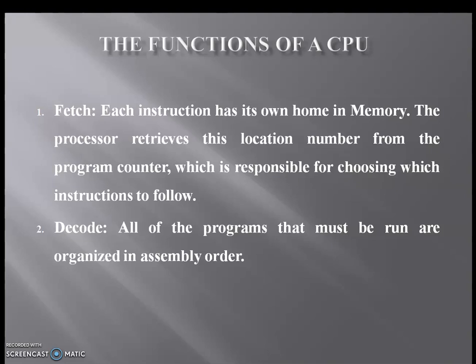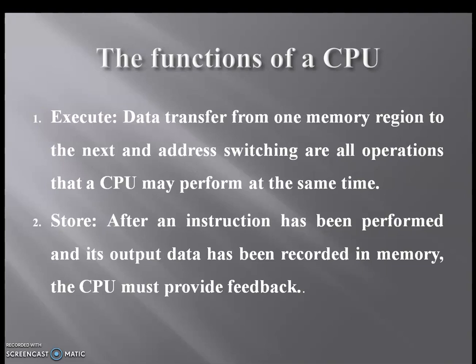All of the programs that must be run are organized in assembly order. The functions of a CPU: execute. Data transfer from one memory region to the next, and address switching, are all operations that a CPU may perform at the same time.